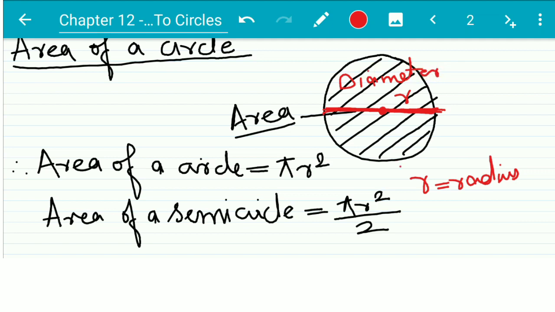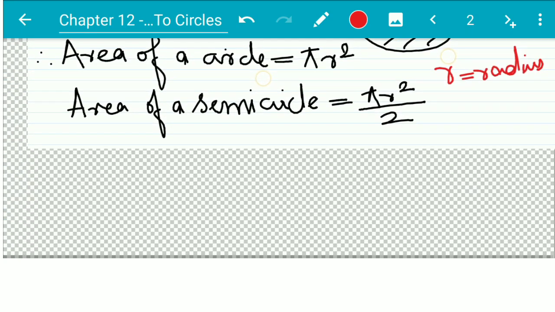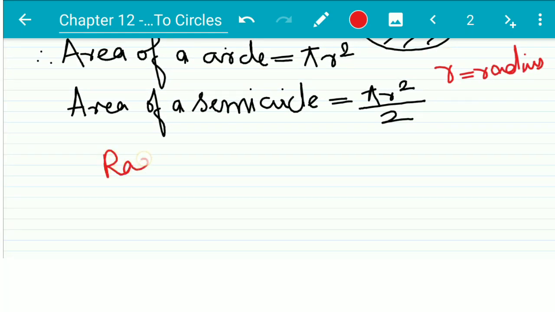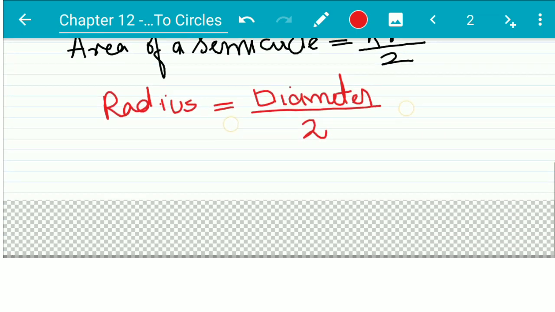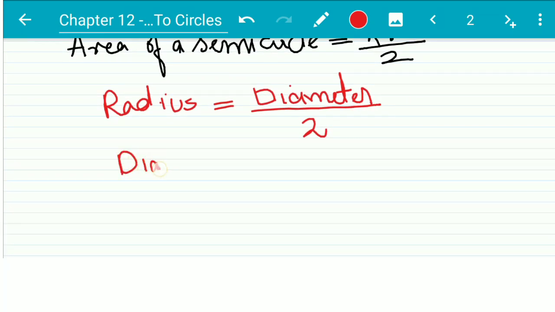Therefore, we know that diameter is 2 times radius, or you can say radius is half of diameter. So from this we can write radius equal to diameter divided by 2, or you can write diameter is equal to 2 into radius.